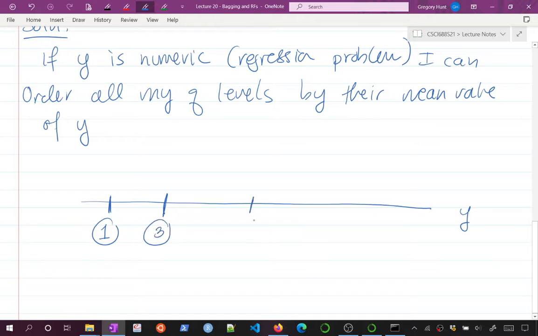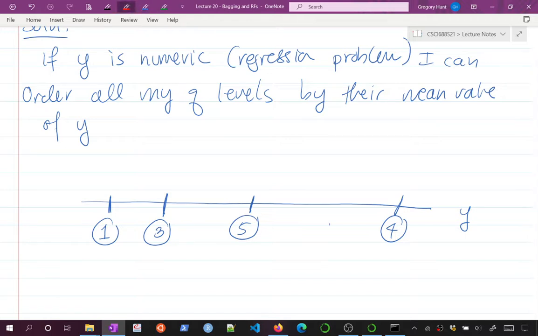This is the y bar over here on my number line for observations where the level is 5, and maybe 4 is really far over here. So observations in category 4 will have a really large y bar.